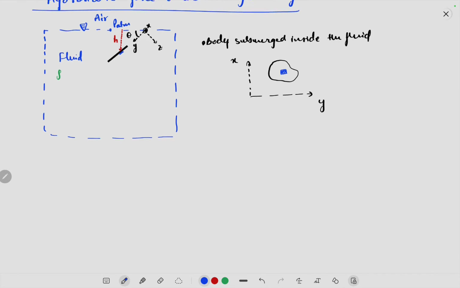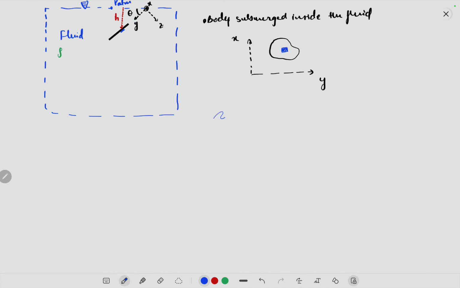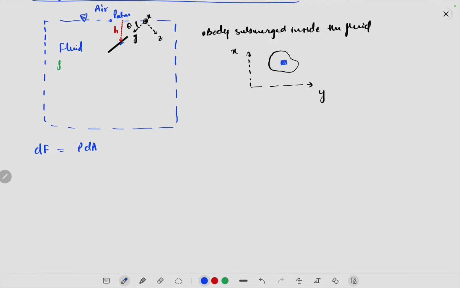The force dF acting on this elemental area would be dF equal to P dA, where dA is the area of this elemental surface. The pressure would be simply the hydrostatic pressure, which will be given by P atmospheric plus h rho g, times dA.